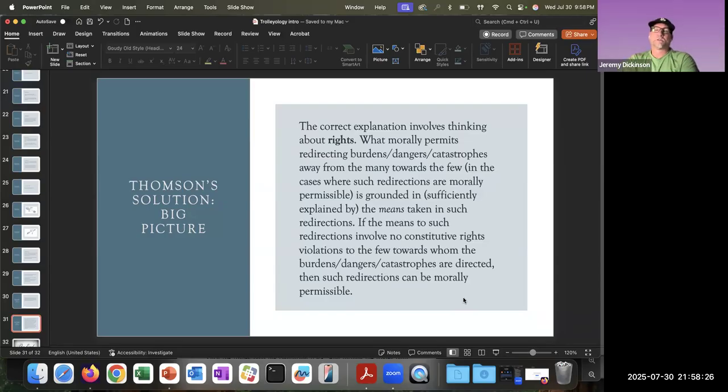If the means to such redirections involve no constitutive rights violations to the few towards whom the burdens, dangers, catastrophes are directed, then such redirections can be morally permissible. Okay, so this just reemphasizes the points that have already been made as we think about this issue in a big picture kind of way.